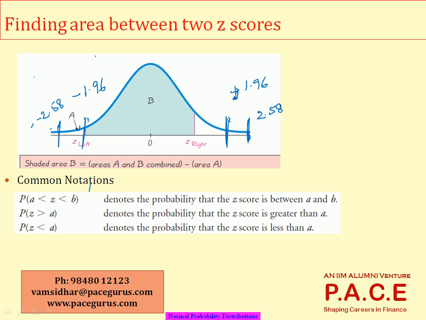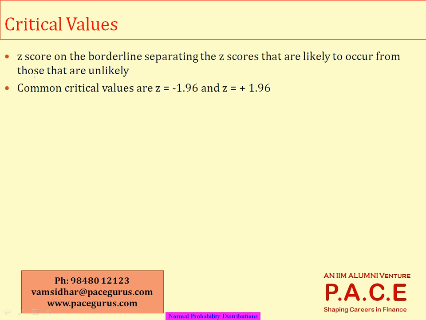If the distribution is the normal distribution or a standard normal distribution, we can very well say that is the z value corresponding to an area of 99%. So those particular z values which are on the borderline, which will form the area of our requirement of the standard normal curve, are typically called your critical values.